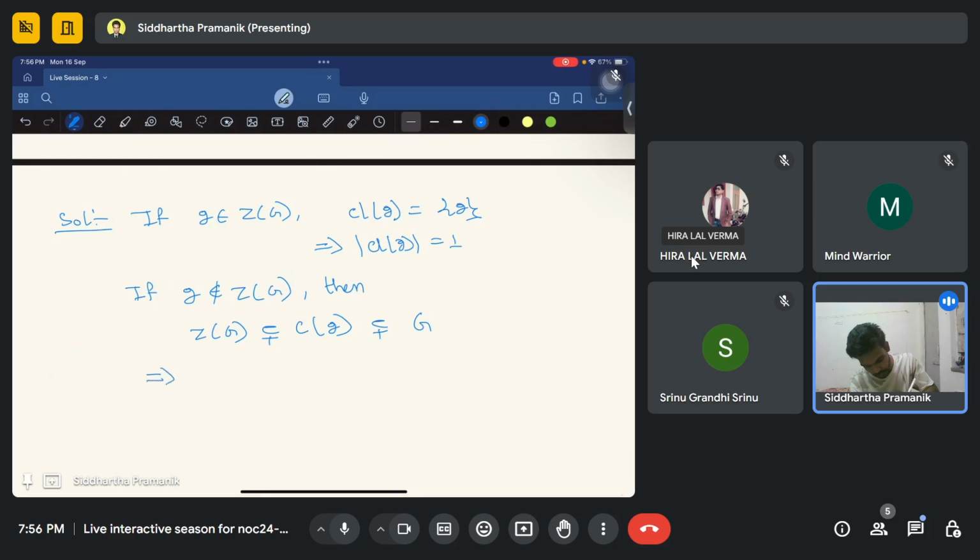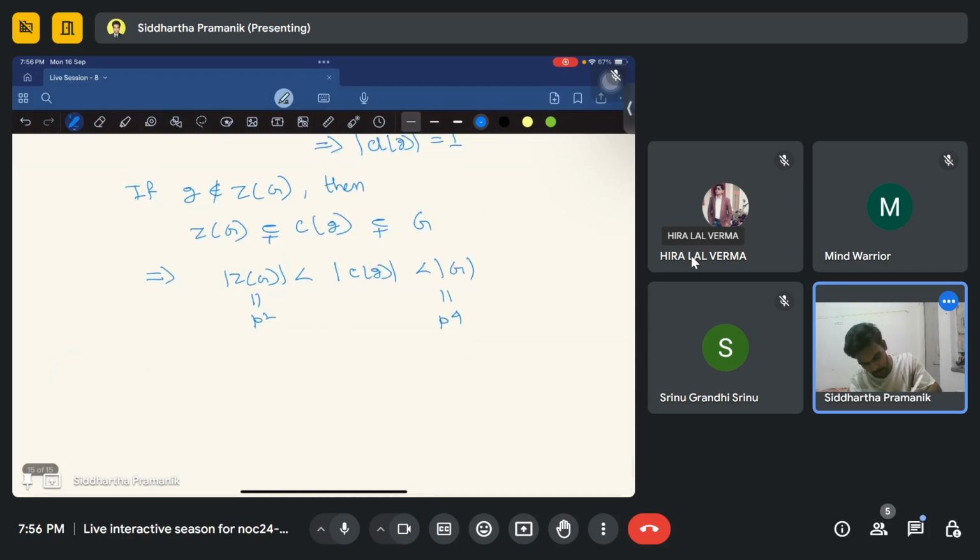So the order of Z(G) is strictly less than the order of the centralizer, which is strictly less than the order of G. This is p squared, this is p to the power 4, so the order of the centralizer has to be p cubed.